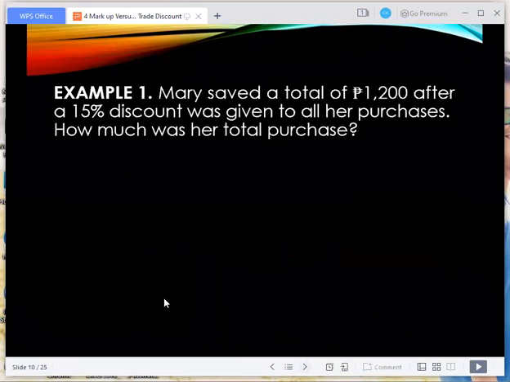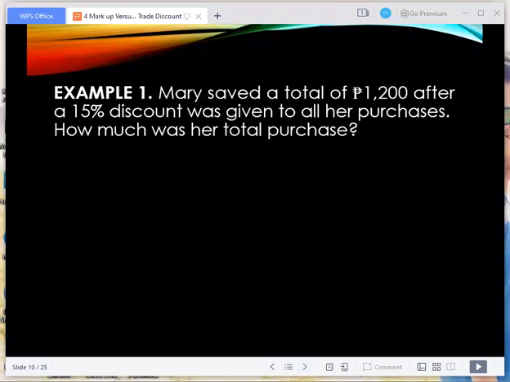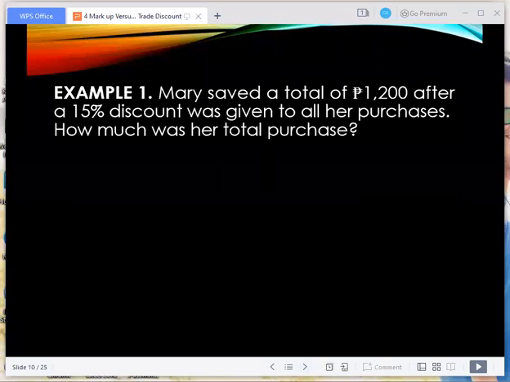Now, for example, Mary saved a total of 1,200 pesos after a 15% discount was given to all her purchases. How much was her total purchase? Okay, so there was a 1,200 pesos discount.